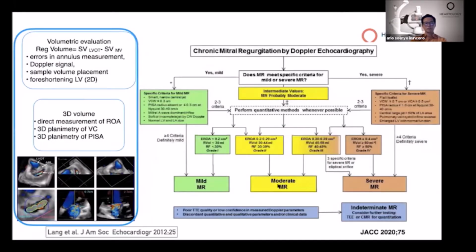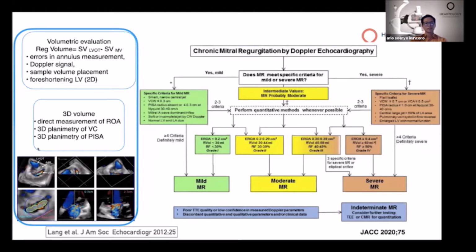The evaluation of mitral regurgitation is definitely complex and sometimes not easy to do from echo, whether from transthoracic echocardiography or from transesophageal echocardiography. Generally, if we want to look at the mitral regurgitation or mitral valves, then usually we send the patient for transesophageal echocardiography for a complete, thorough examination.